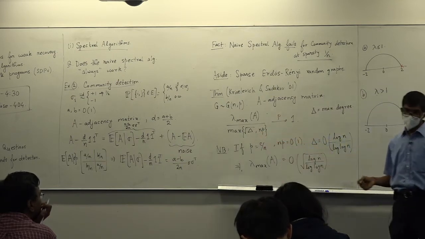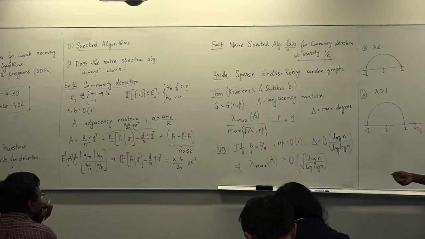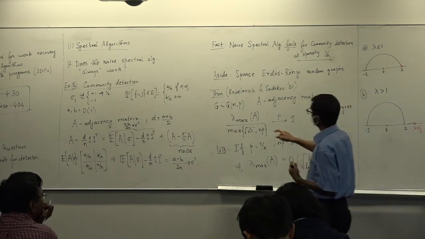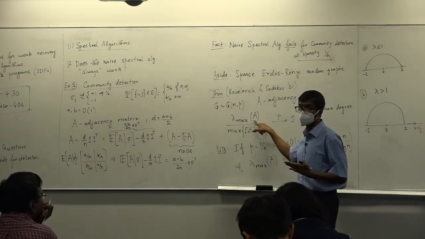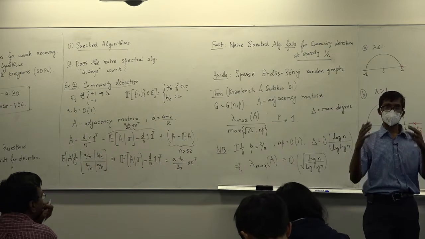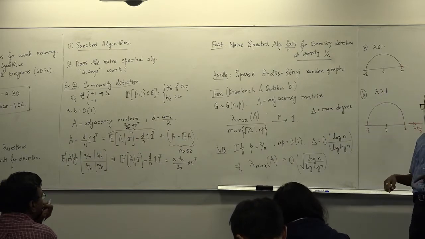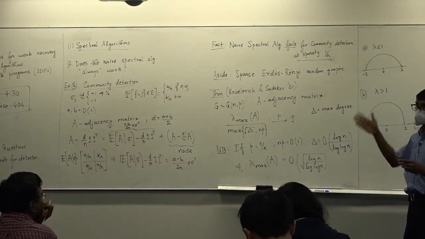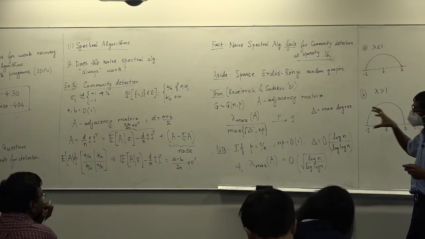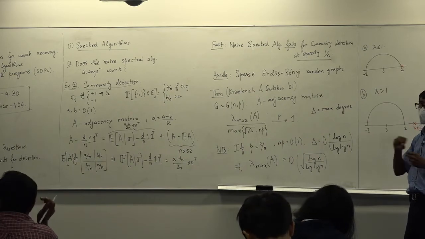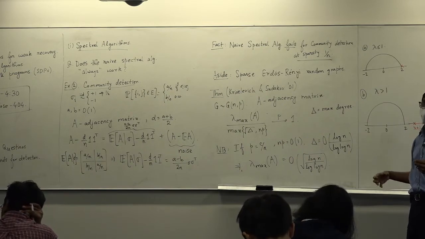If you have this kind of sparse random graph, its adjacency matrix can have an eigenvector that puts most of its mass on a vertex with very high degree.